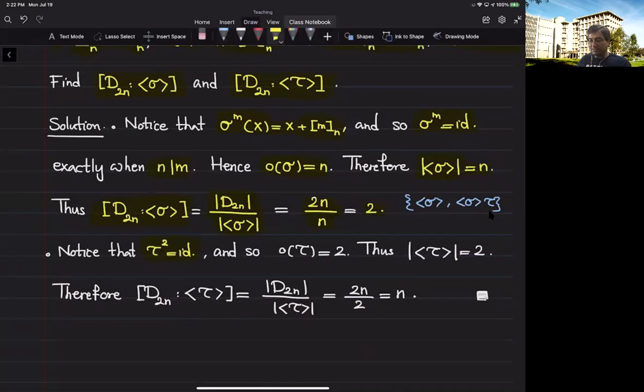Tau itself is not identity, and therefore the order of tau is 2. And so the cyclic group generated by tau has only 2 elements. Therefore, by Lagrange's theorem, the index of the subgroup in the dihedral group is the cardinality of the dihedral group divided by the cardinality of the cyclic group generated by tau, and that is 2n divided by 2, which is n.